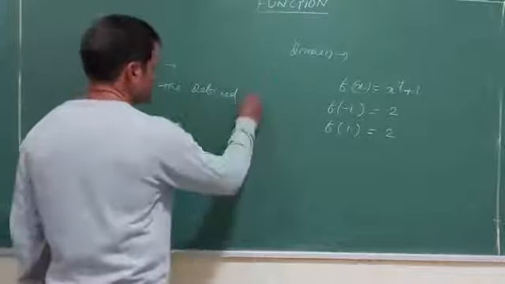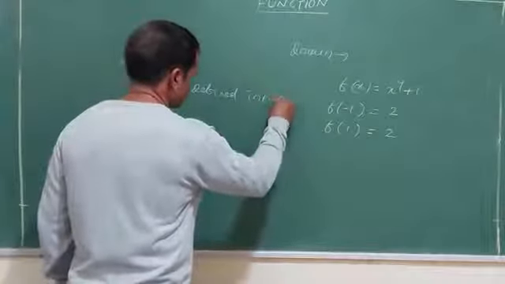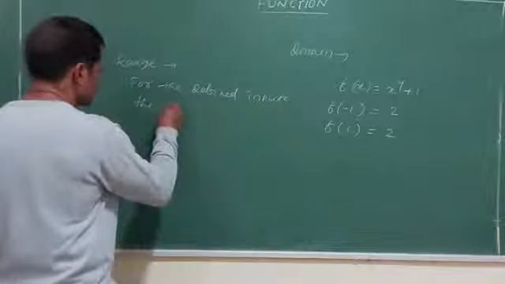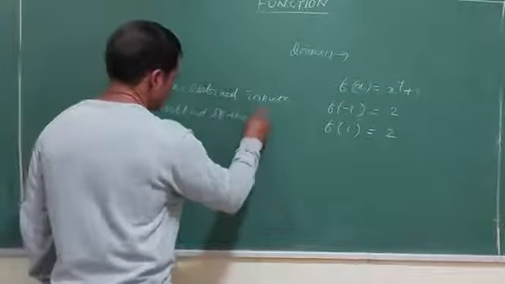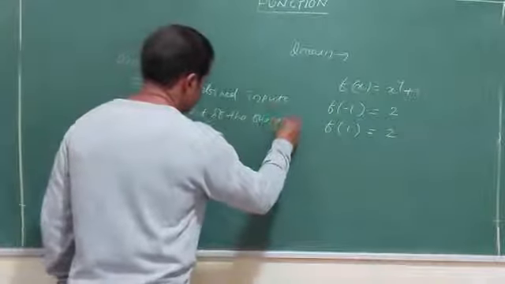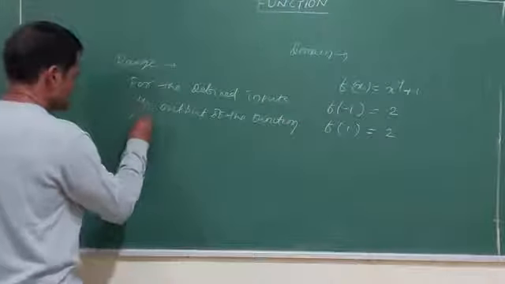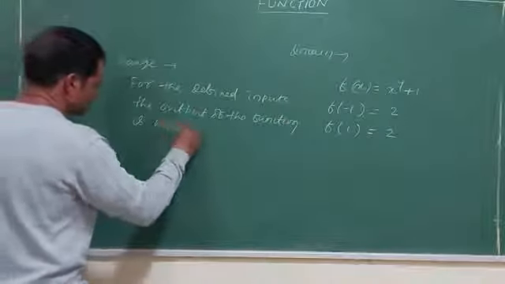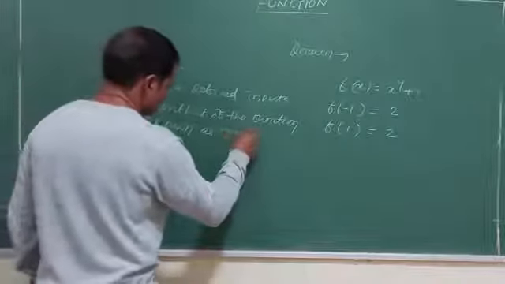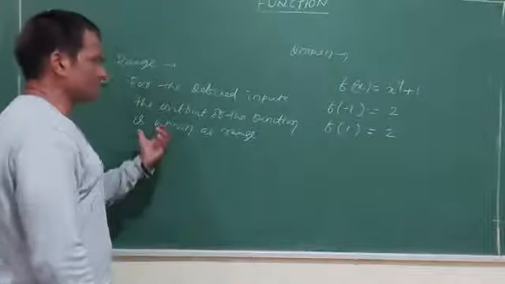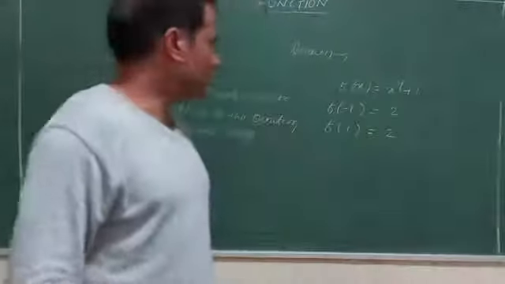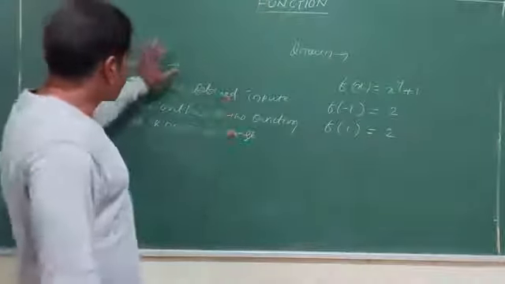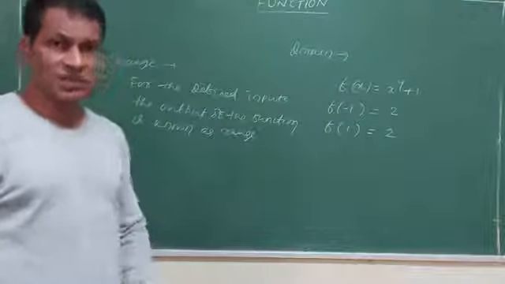For the defined inputs, the output of the function is known as range. That means whatever I am going to get as output for the defined inputs is known as range.